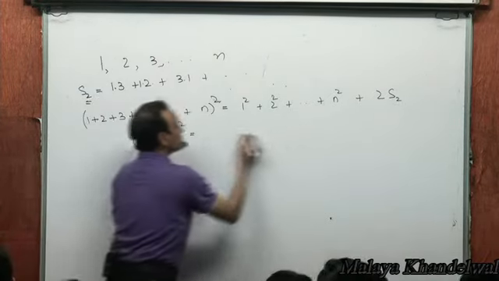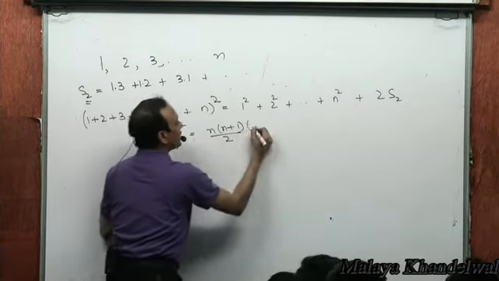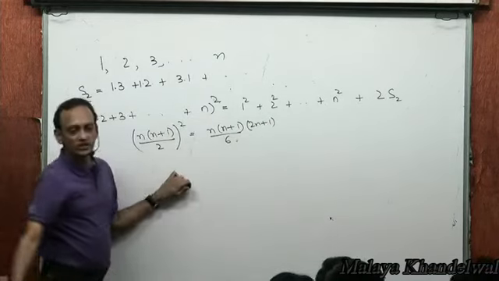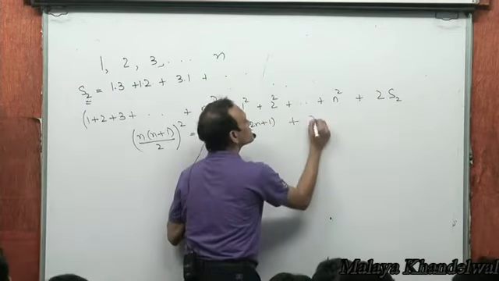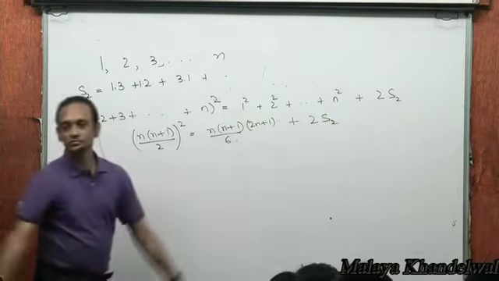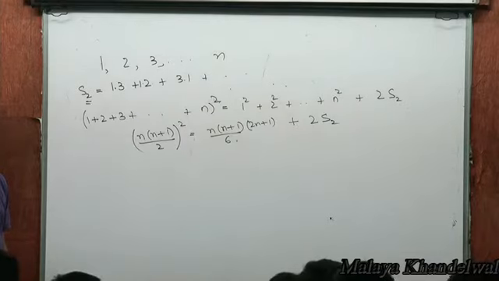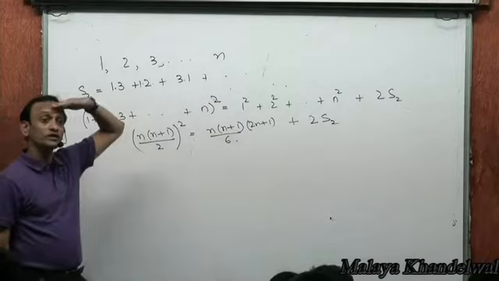The sum of the squares of the first n natural numbers is n into n plus 1 into 2n plus 1 by 6, right? Plus twice the required summation S2. So S2 you can find from these considerations, which is the sum of the product of these numbers taken two at a time.